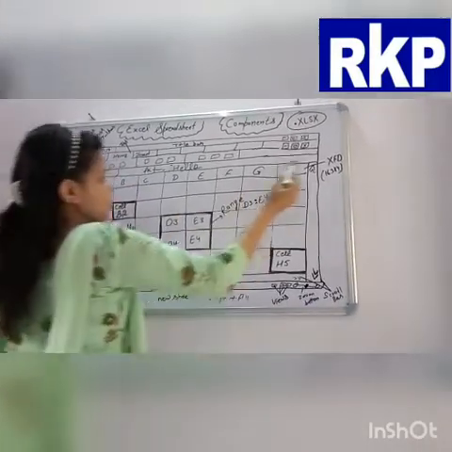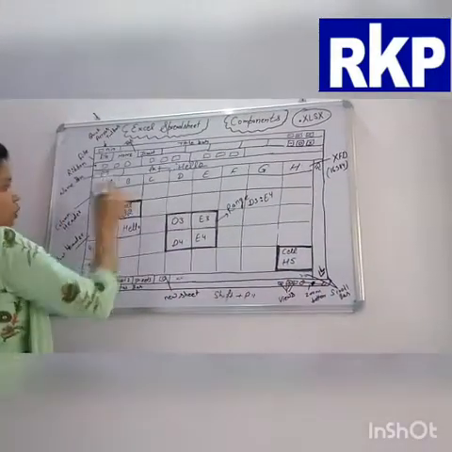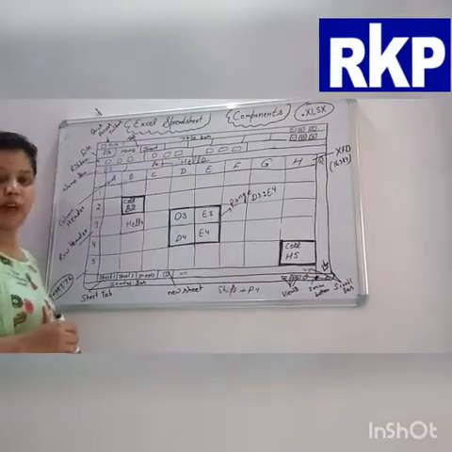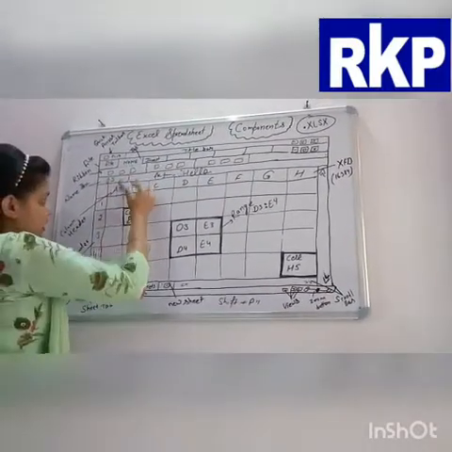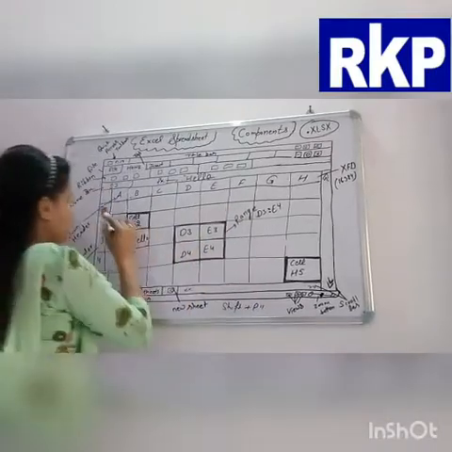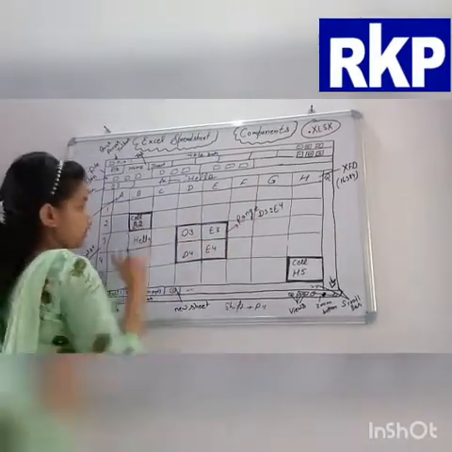Now come to this sheet. In this sheet you will get basically two parts. Part 1 is vertical columns and part 2 is horizontal rows.